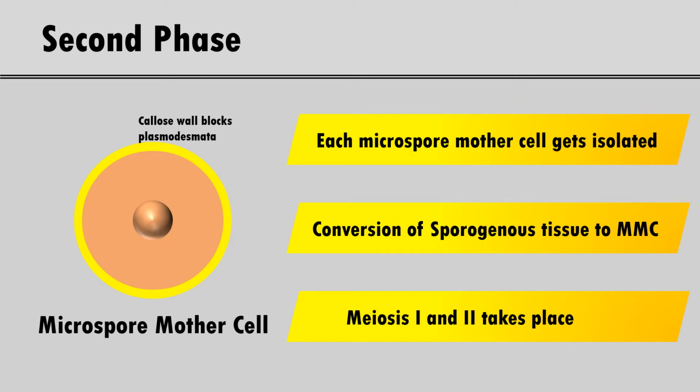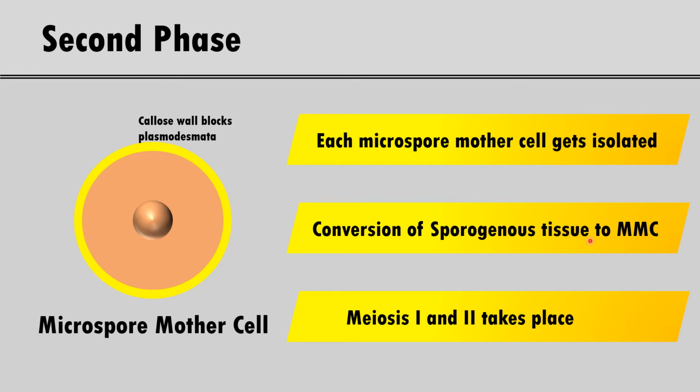In the second phase, each microspore mother cell is isolated by a callosic wall in which the plasmodesmata become blocked. So the connections between the neighboring microspore mother cells will be lost, and this is the phase where the sporogenous tissue starts converting into microspore mother cells.